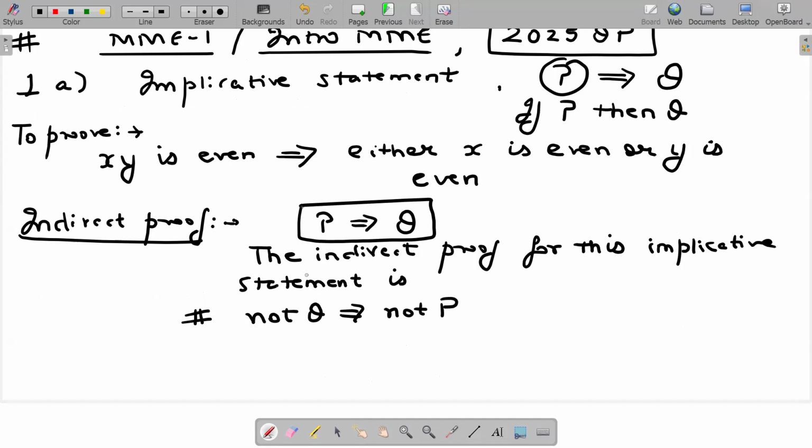I need to show that if x and y are not even, it means that xy should also not be even.